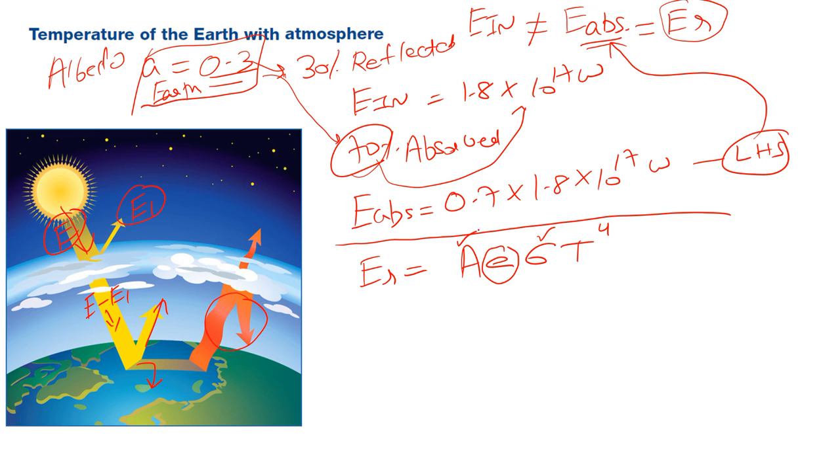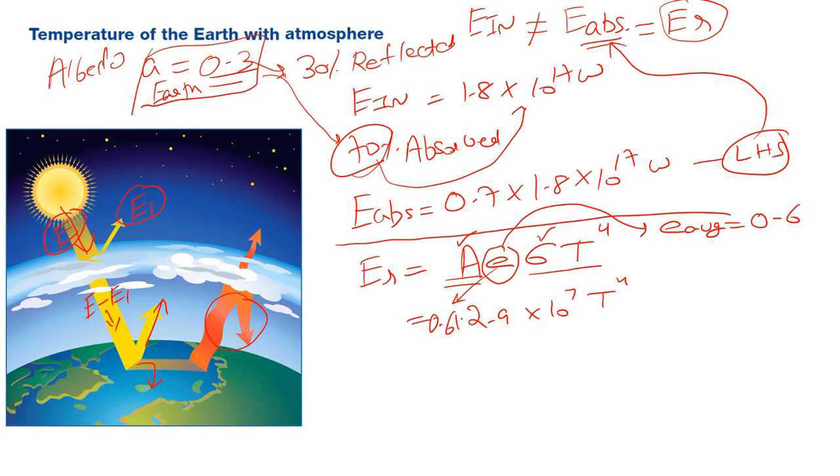In the previous case, we had assumed that earth is a perfectly black body, which means we took e as 1, but in the real sense, the average value of e for the earth is 0.6. So the expression which we found using A sigma T to the power 4, that was 2.9 multiplied by 10 to the power 7 T to the power 4, we just need to multiply by 0.6. That will be our right hand side.